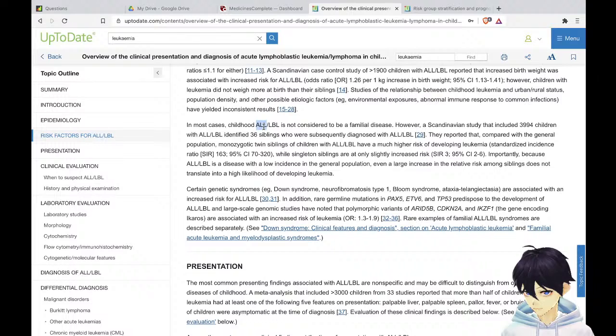In most cases, childhood ALL, LBL is not considered to be a familial disease. However, a Scandinavian study, which is much higher risk.